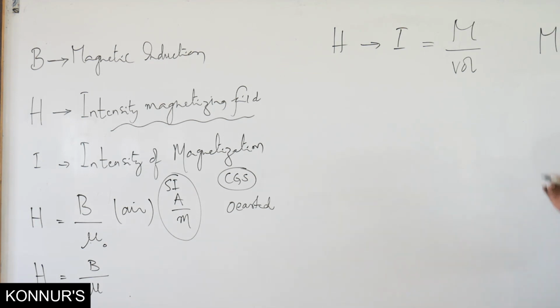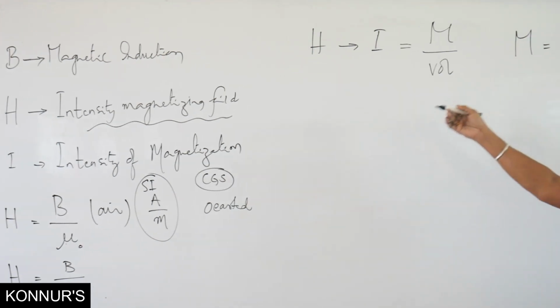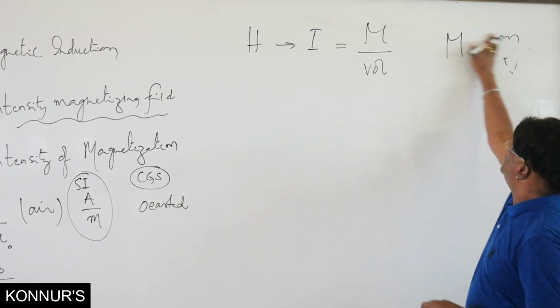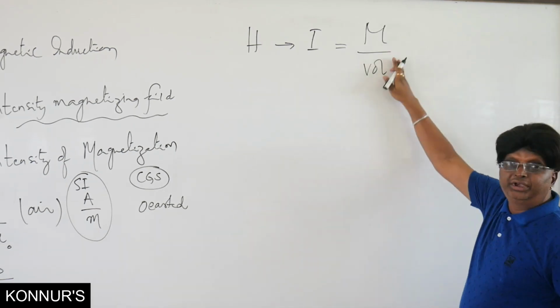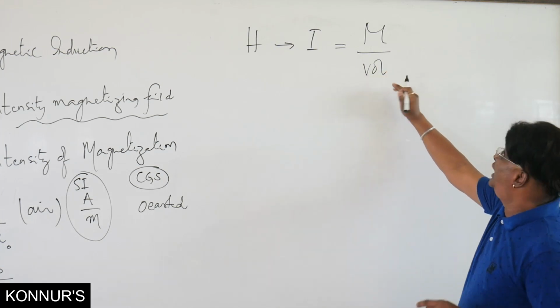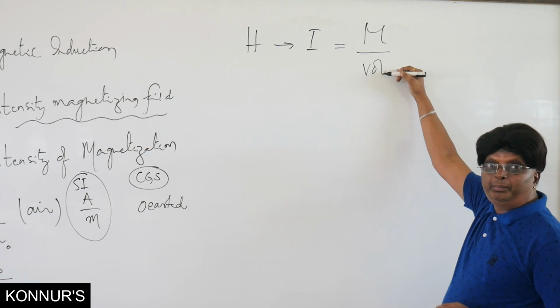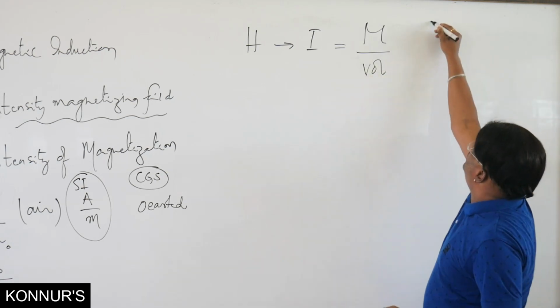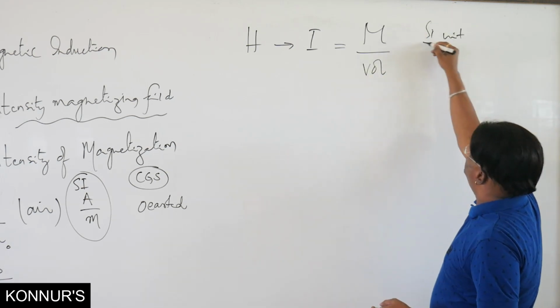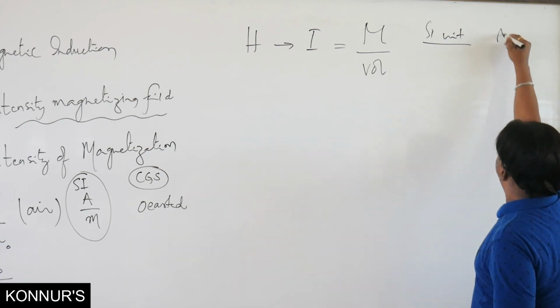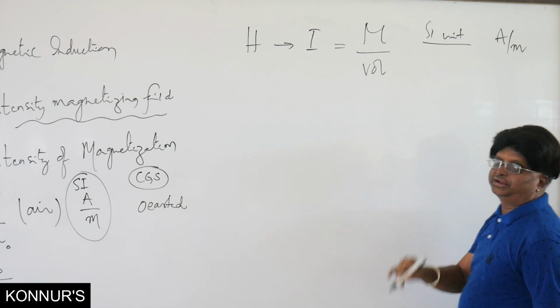I am using I for easy remembrance because it is intensity of magnetization. So magnetic moment per unit volume: moment in ampere meter square, volume in meter cube. Once again, what is the SI unit? The SI unit of I is the same as H, that is ampere per meter.